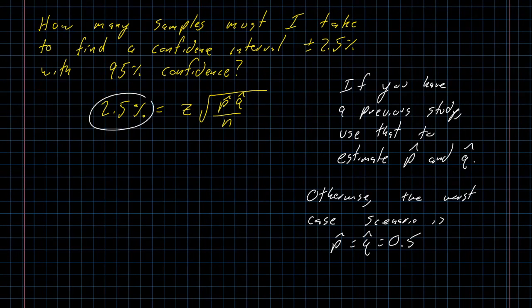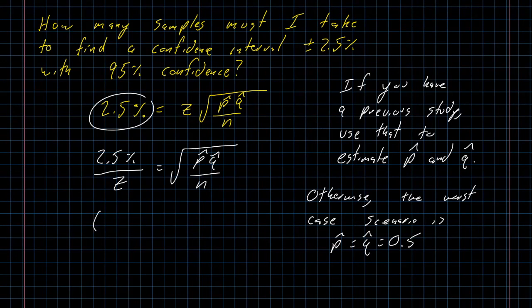All right, so fill in whatever number you have instead of 2.5%, but I want to get within plus or minus 2.5%. That means that there's a 5 percentage points difference between the minimum and maximum in my confidence interval. So if I divide both sides of this equation by z, and then I square both sides of the equation.